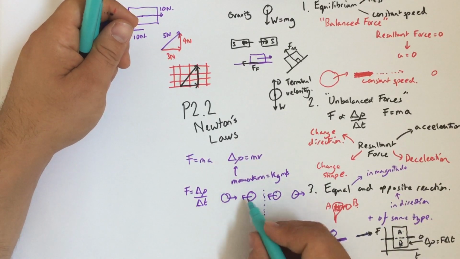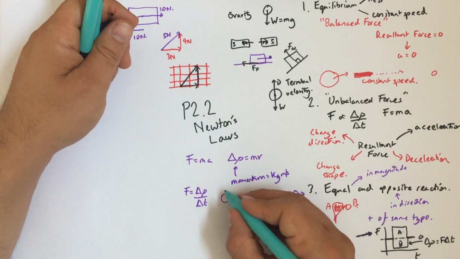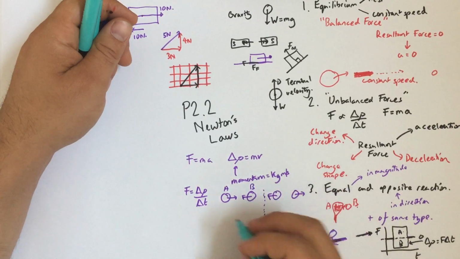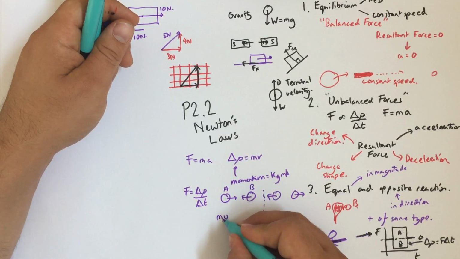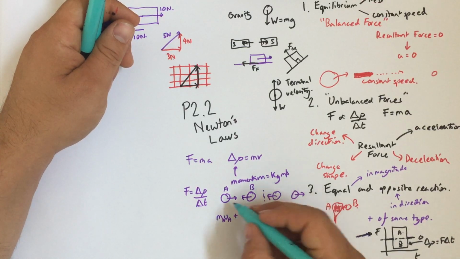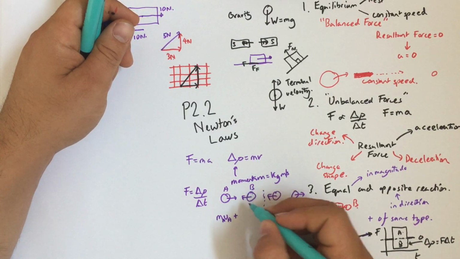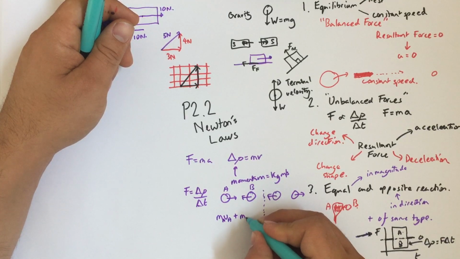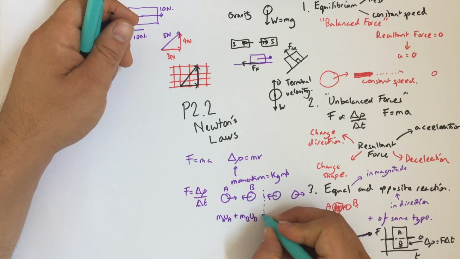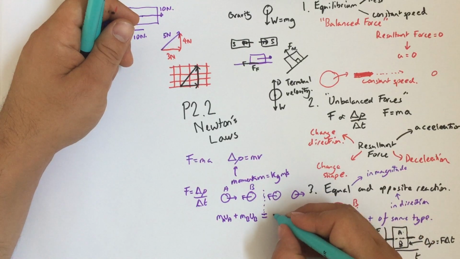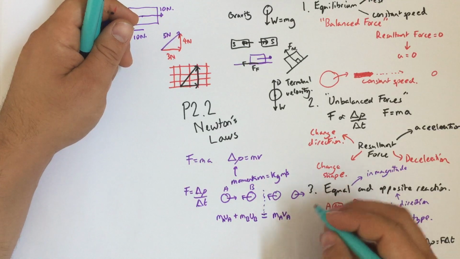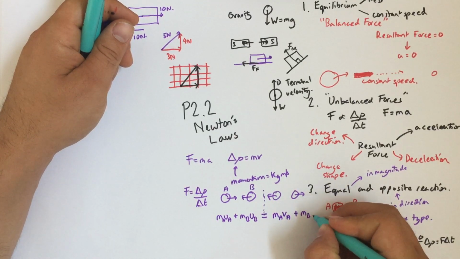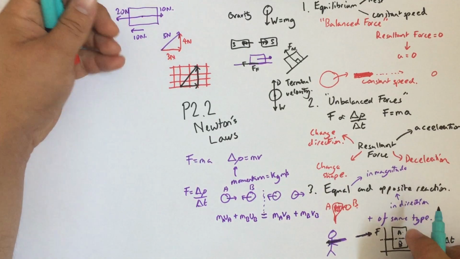It says if I add up the momentum of each of these objects, calling this A and this B, at the start the momentum of object A will be its mass times its initial velocity, plus the momentum of object B, which is the mass of B times the initial velocity of B. That is going to be equal to the mass of A times the final velocity of A, its final momentum, plus the mass of B times the final velocity of B.